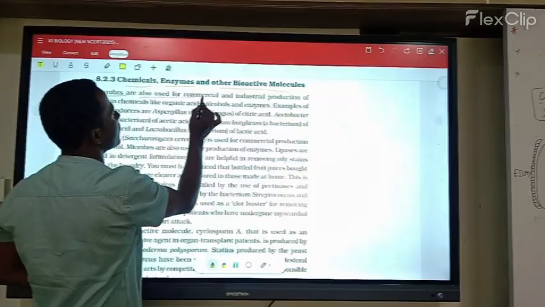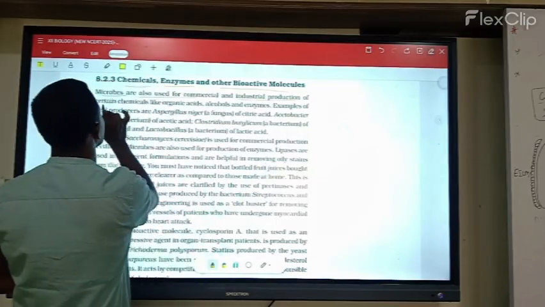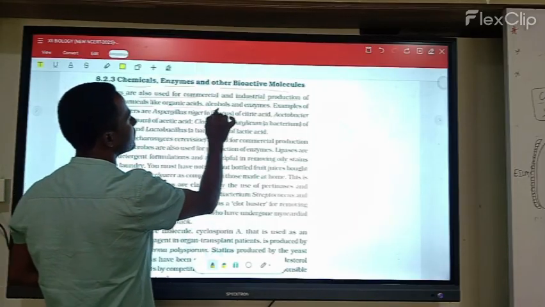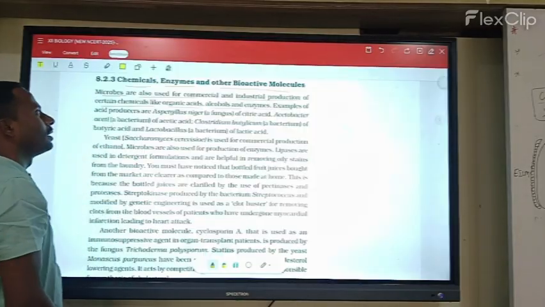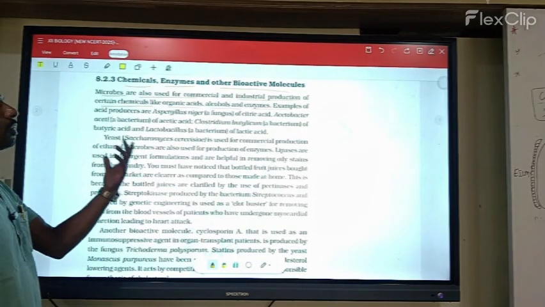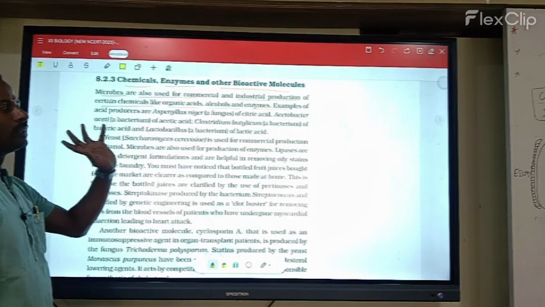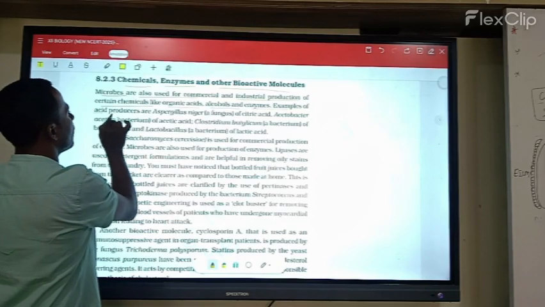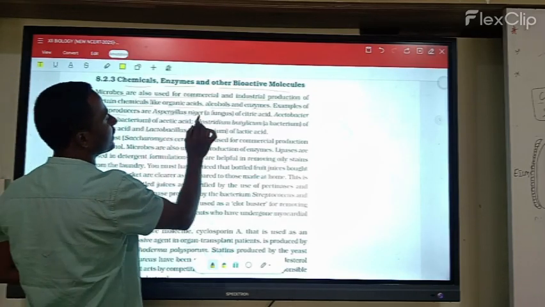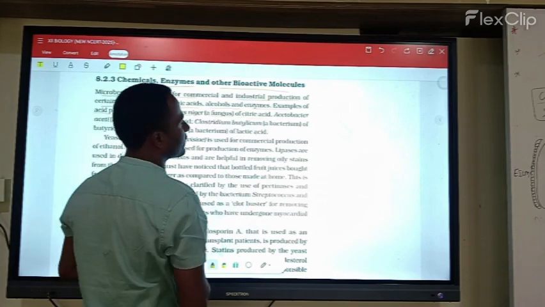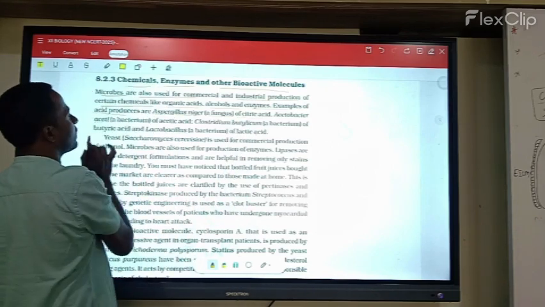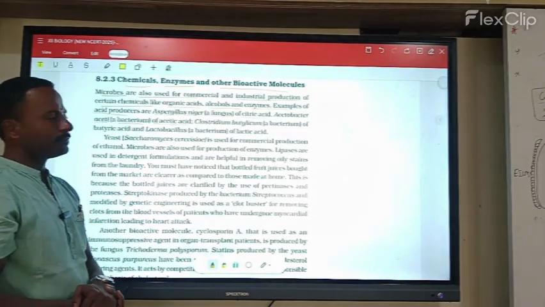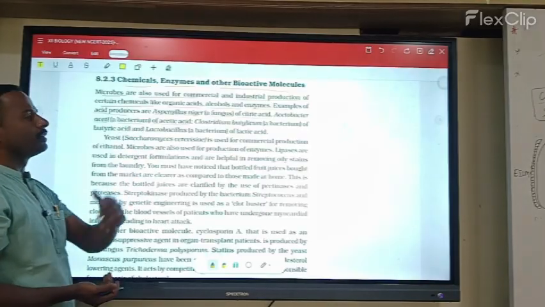Microbes are used in the commercial and industrial production of certain chemicals like organic acids, alcohols, and enzymes. Examples of acid producers: Aspergillus niger, a fungus, produces citric acid, and Acetobacter aceti, a bacterium, produces acetic acid.